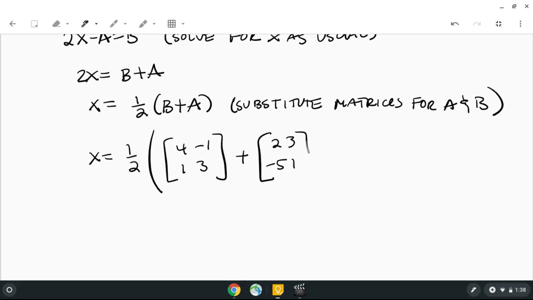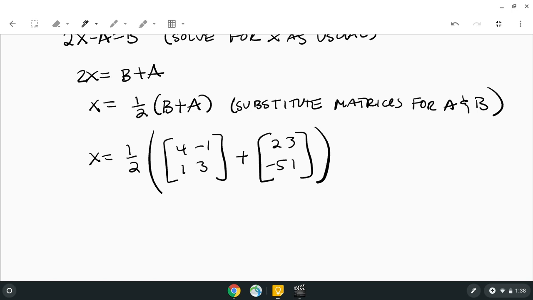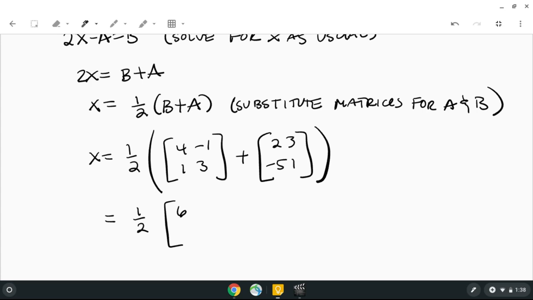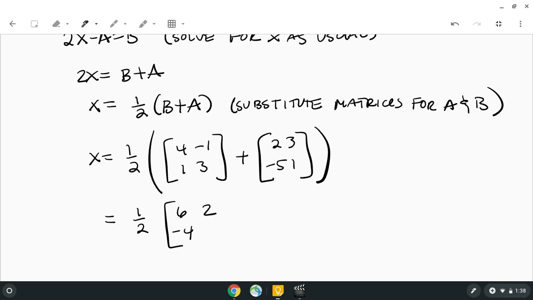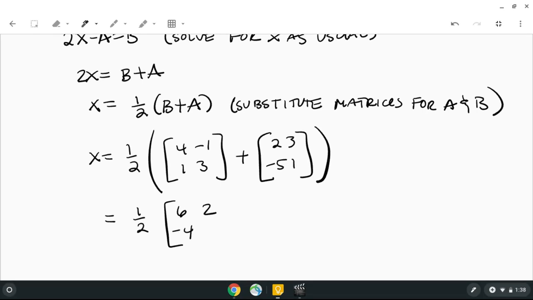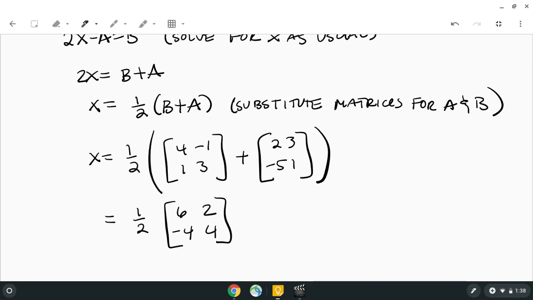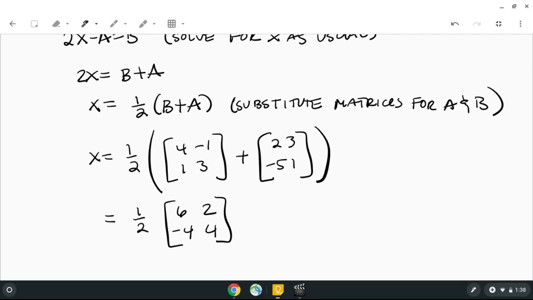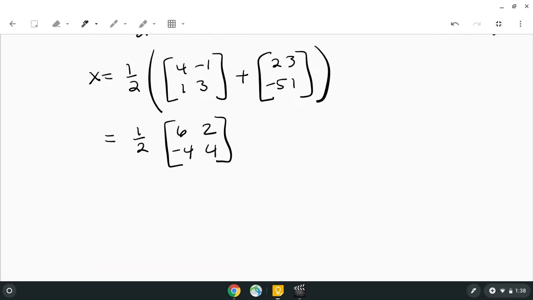I'm going to do everything inside the parentheses first, adding those two matrices together. 4 plus 2 is 6. -1 plus 3 is 2. -5 plus 1 is -4. 3 plus 1 is 4. Now I can multiply every element by 1/2.